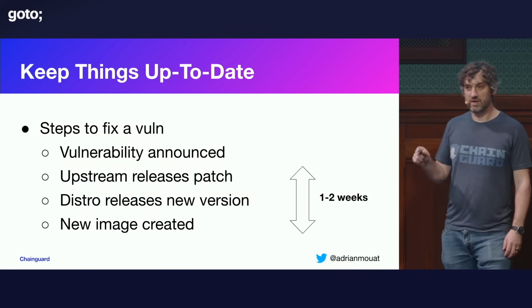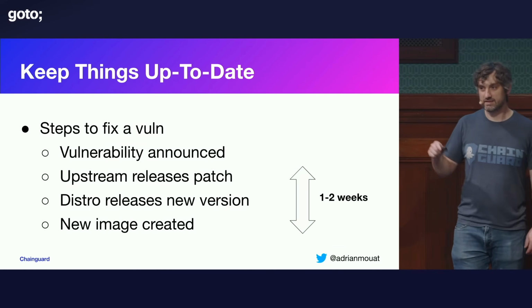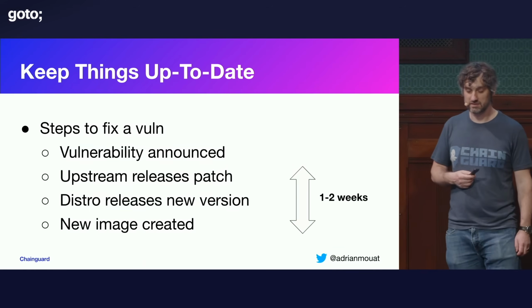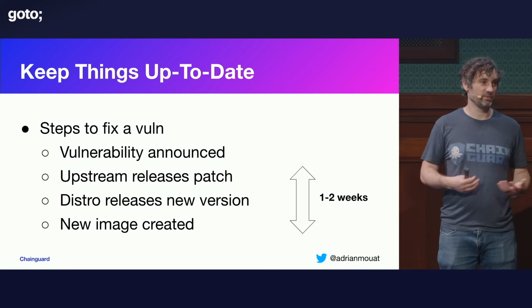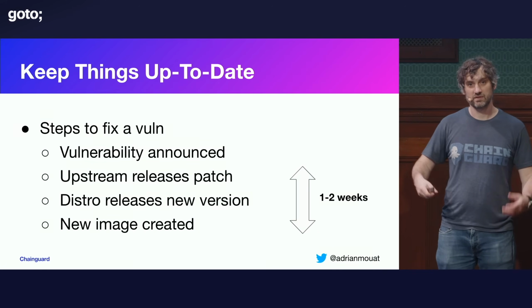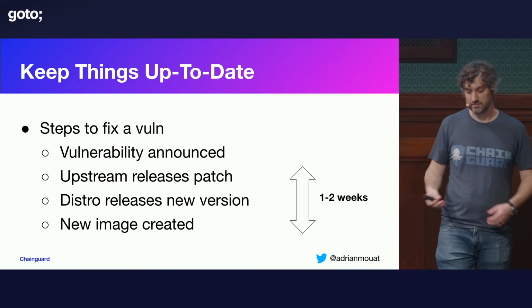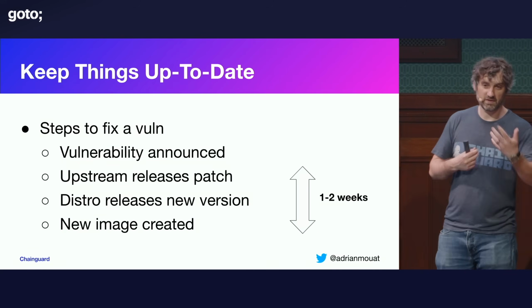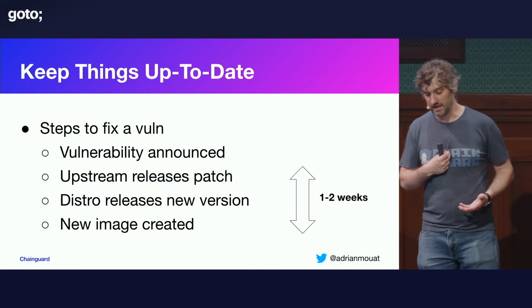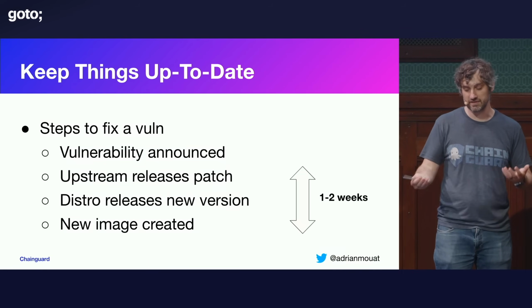Okay, this point about keeping things up to date. If you look at the Alpine and Debian Linux distributions, there's a bunch of steps that we have to go through from a vulnerability being announced through to getting it fixed in a container image. After a vulnerability is found, hopefully there might already be a patch before it's announced, depending if it's a 0-day or not.